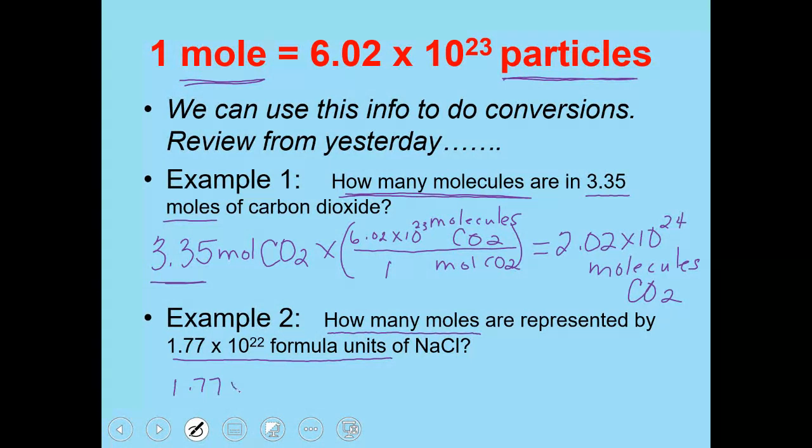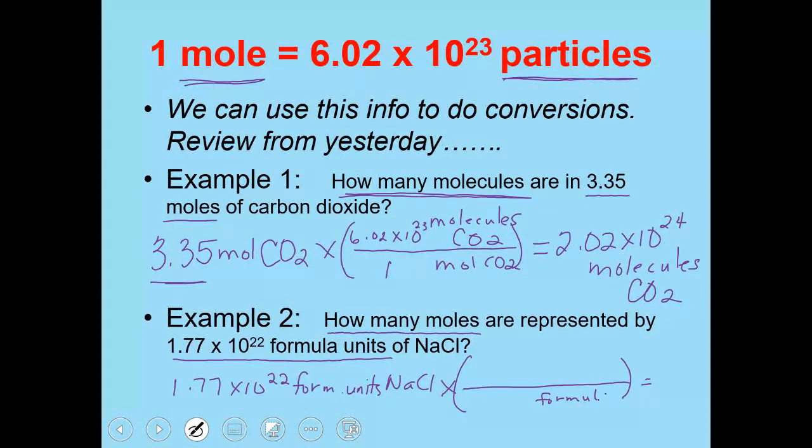So basically, we're going to use the same factor, only we are going to have to switch it upside down, because this time when we set up our factor, we need the particles to be on the bottom. Like here, if we have formula units of NaCl, we need that to be on the bottom. And we need the moles to be on the top.